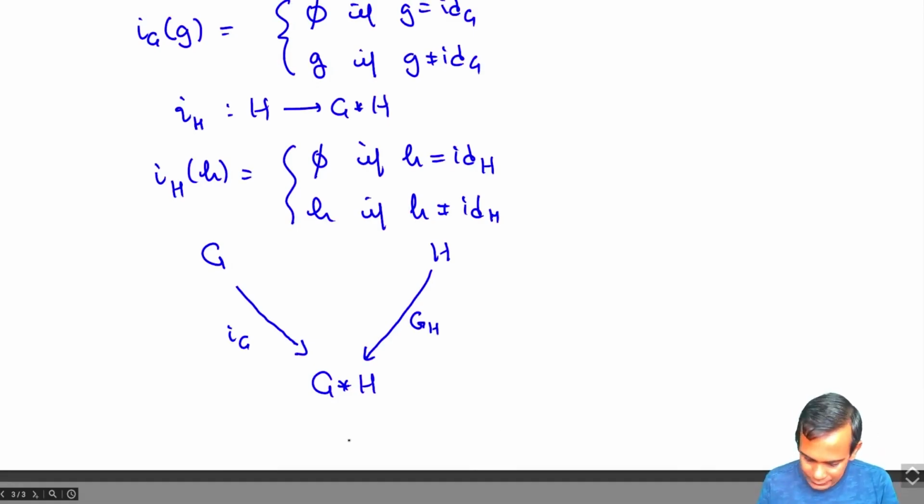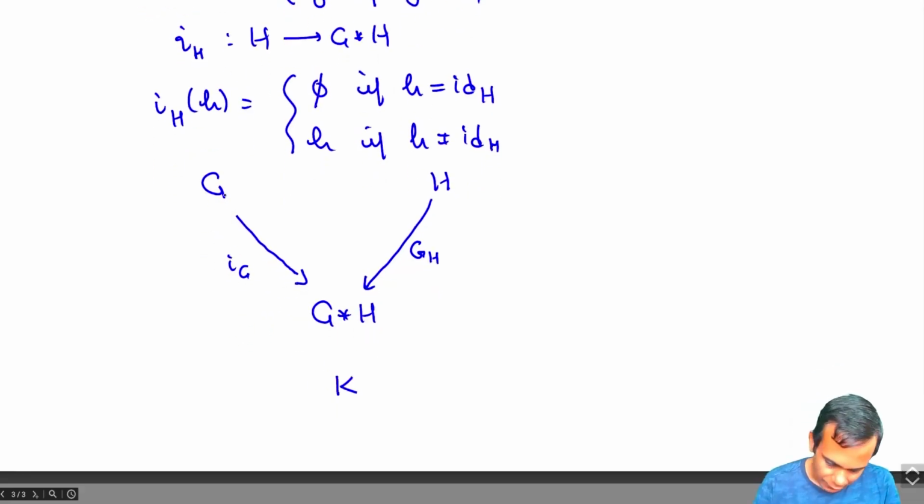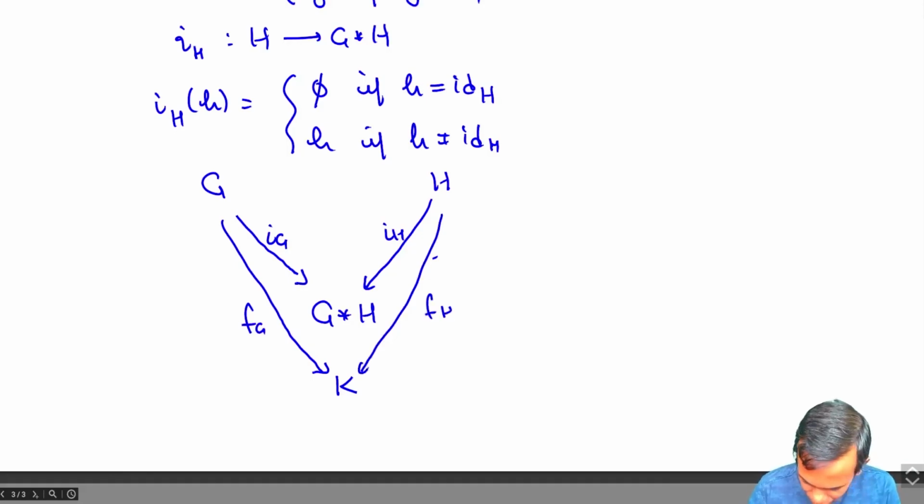What we need is that suppose we have some other group K, and we have group homomorphisms FG from G to K and FH from H to K. Then we want that there exists a unique group homomorphism F from G star H to K.